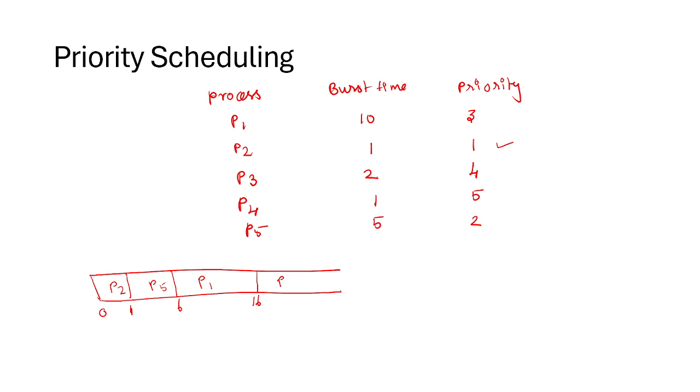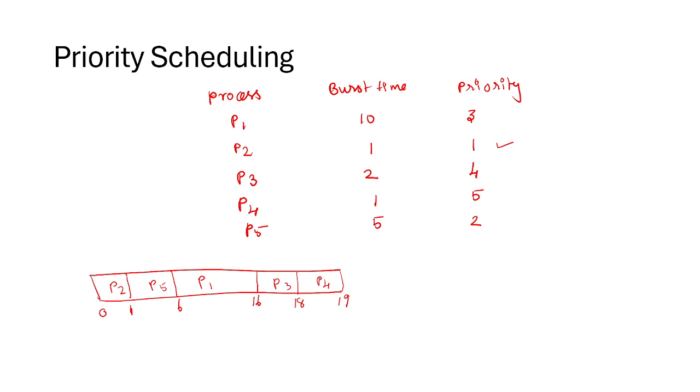The execution time of P3 is 2, so 16 plus 2 is 18. Then the next priority task, and the last one, is P4. The execution time of P4 is 1, so up to 18 plus 1, 19 milliseconds.